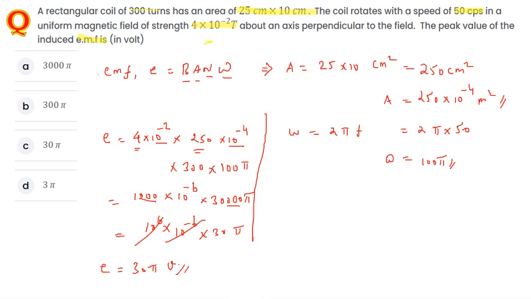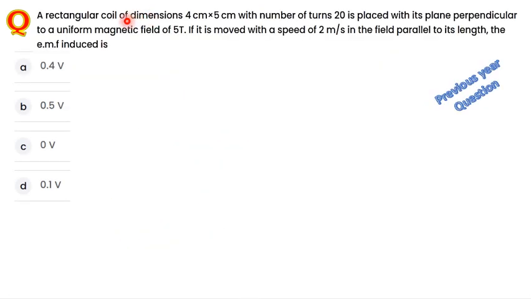So that is the answer in this case. Now consider a rectangular coil of dimension 4 into 5 centimeter. The length is 4 centimeter and the breadth is 5 centimeter, so the area is 20 centimeter square.